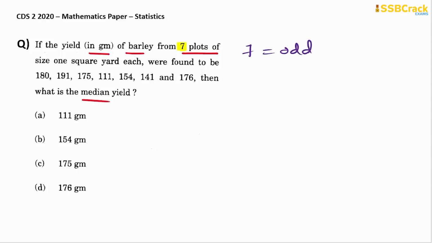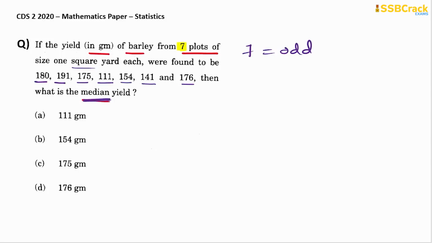They mentioned that these 7 plots of size 1 square yard each were found to be 180, 191, 175, 111, 154, 141 and 176, and then they asked us the median yield.